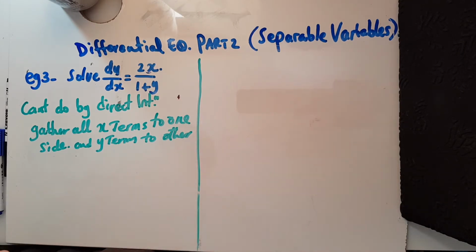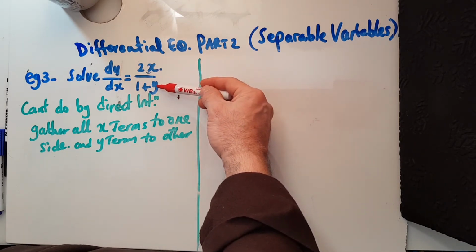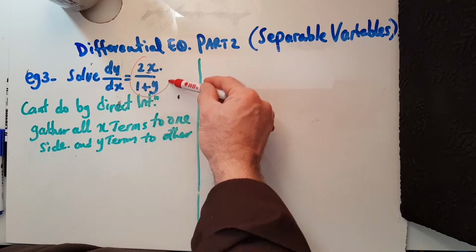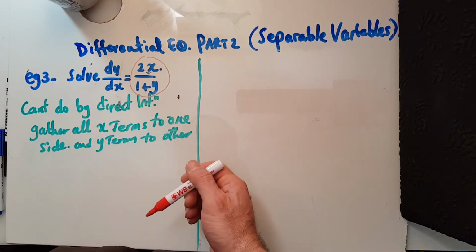This is one example of this equation, example 3. If you look at it carefully, you can see that you've got some x and y on the same side. So really you cannot do this by direct integration.